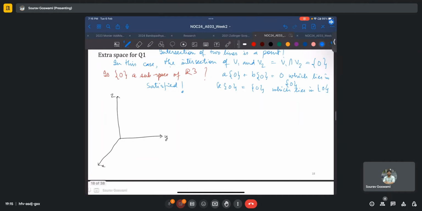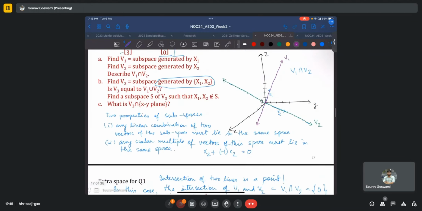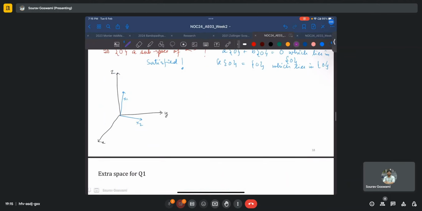This is not to scale, so do excuse me. This was x1, this was x2, and the spaces.